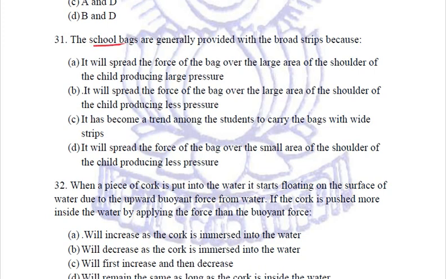The school bags are generally provided with broad straps because we know the reason is simple, because pressure is inversely proportional to area. So by providing broad straps, we are actually increasing the area so as to decrease the pressure on the shoulders of the students.